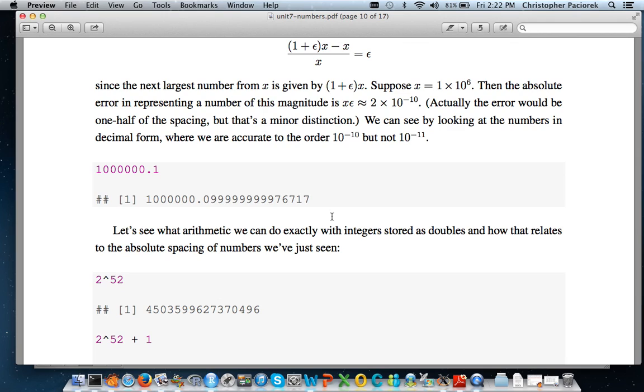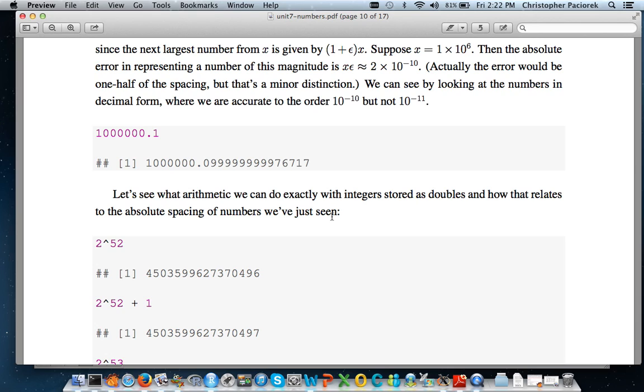That's where you start losing precision. Yes, they lose some precision. Yeah, that's kind of the point.